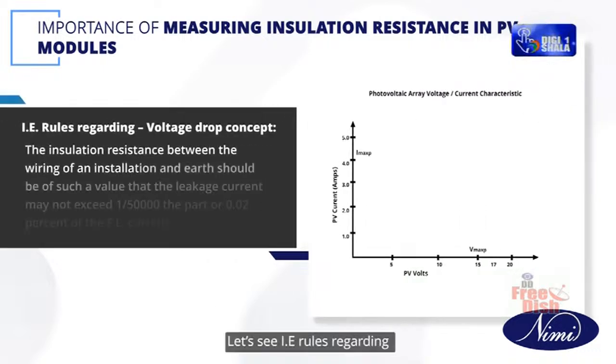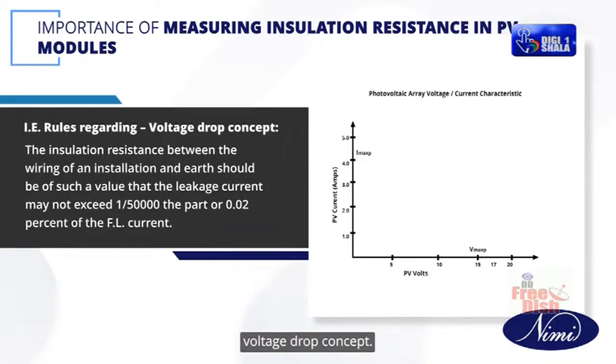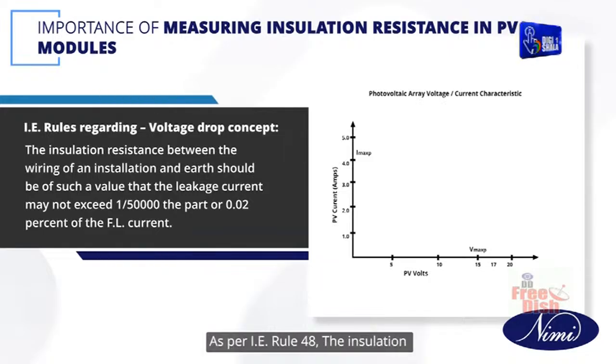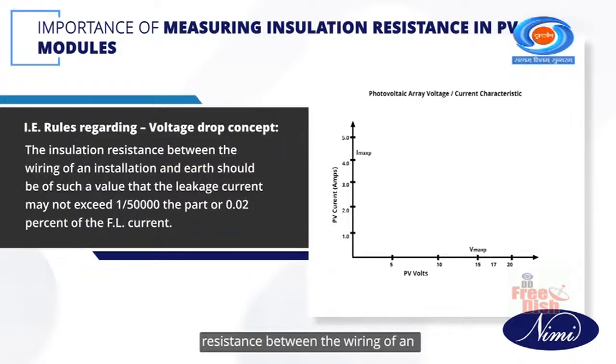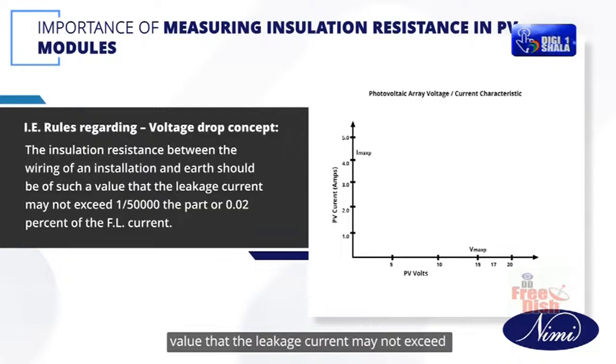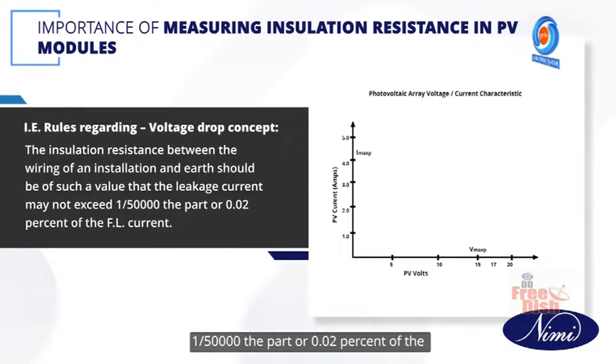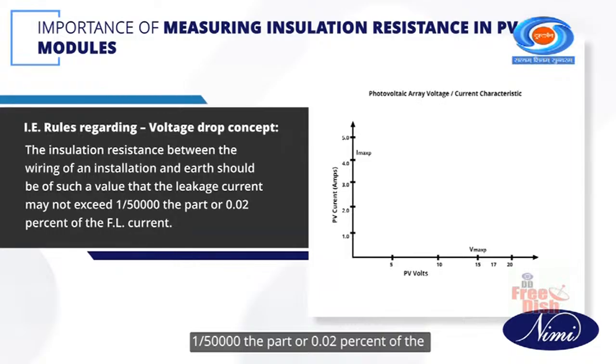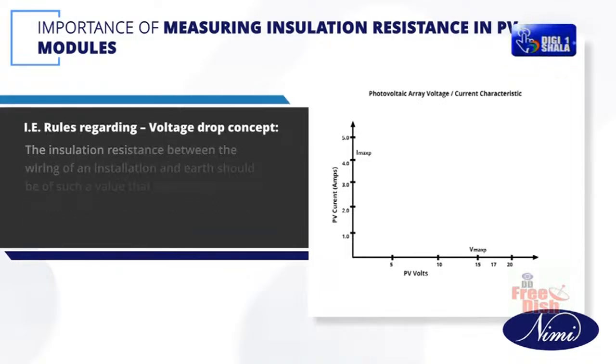Let's see IE rules regarding the voltage drop concept. As per IE Rule 48, the insulation resistance between the wiring of an installation and earth should be of such a value that the leakage current may not exceed 1/5000th part or 0.02% of the full load current.